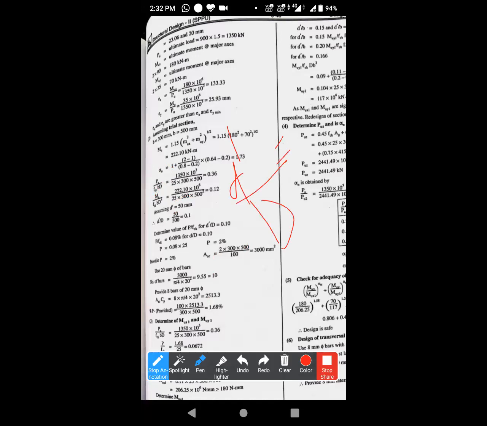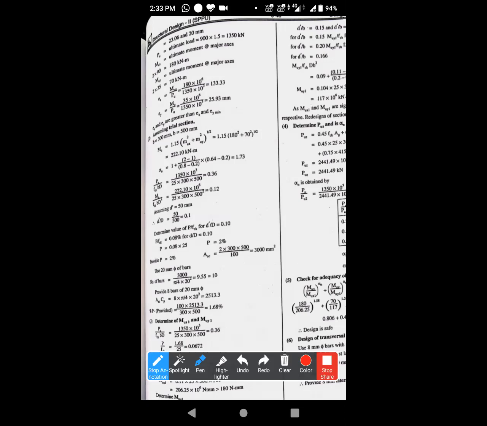Now determine from the interaction chart the P upon FCK for d dash upon D is equal to 0.10. Now P upon FCK is nothing but 0.08, so 0.08 into 25, that is P is approximately equal to 2%.